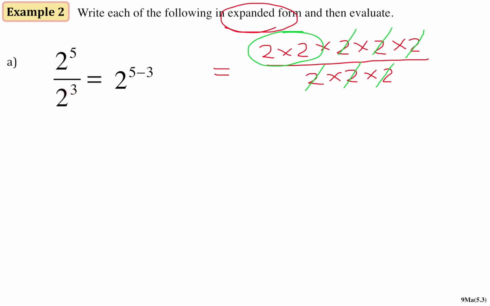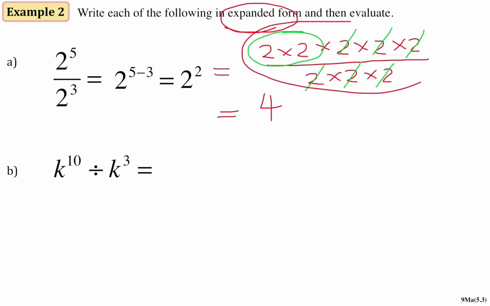When you're dividing, write the base number down, do the top power minus the bottom power. 5 take 3 is 2. And 2 squared is 4. Which means that the answer should have been written like this. So I've expanded it there, and I've evaluated it there.